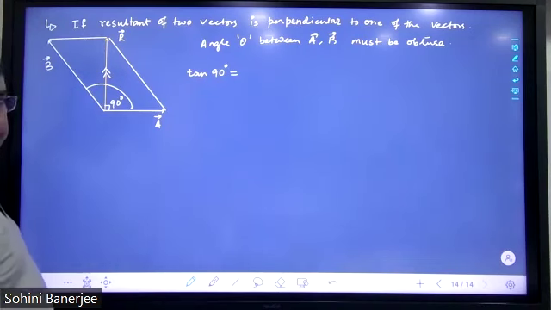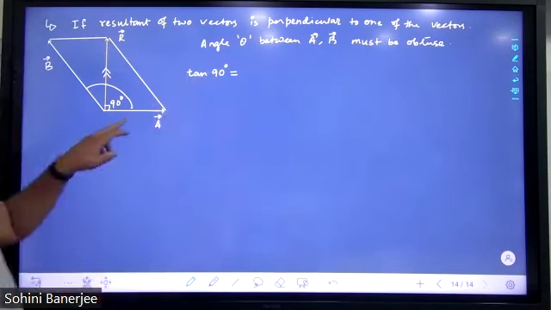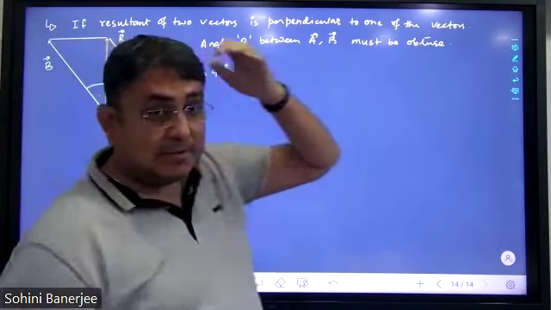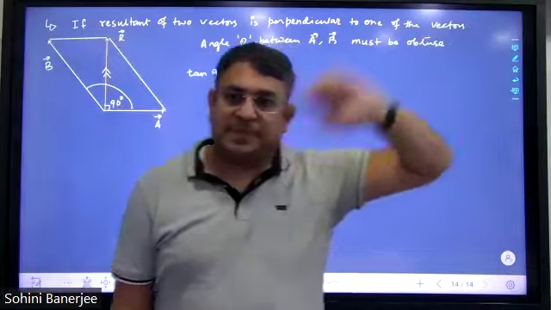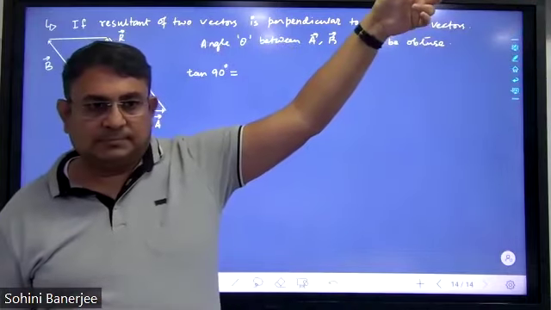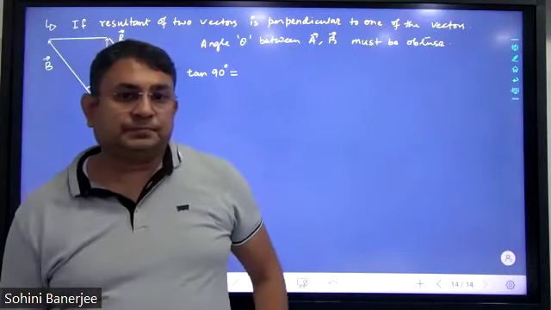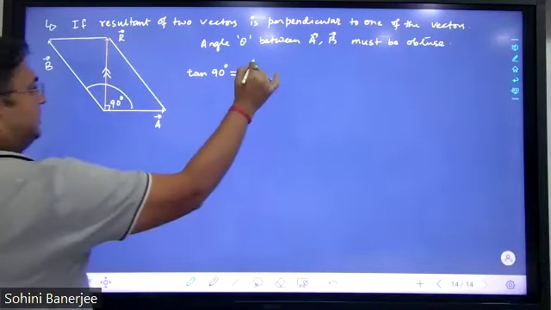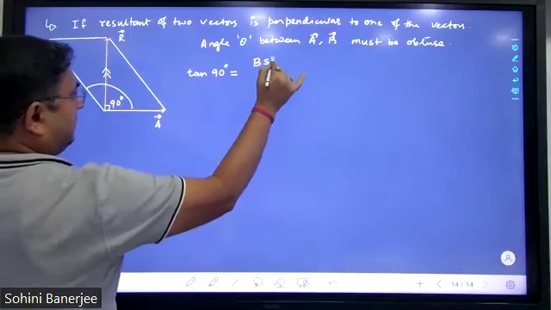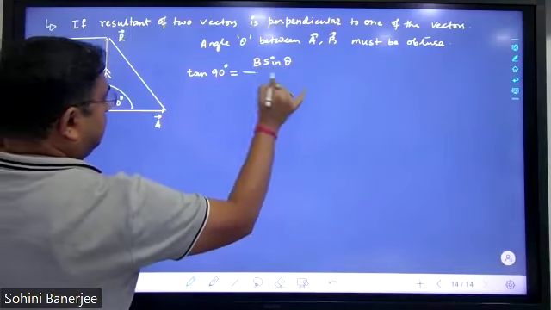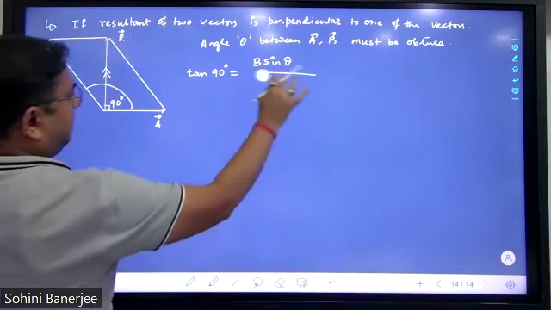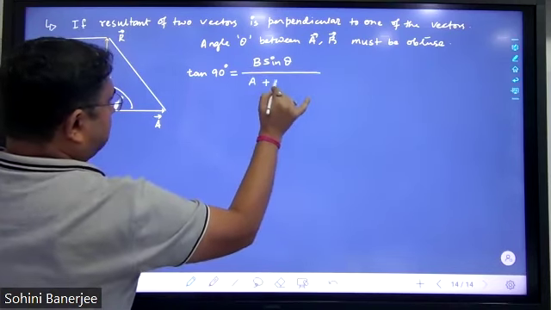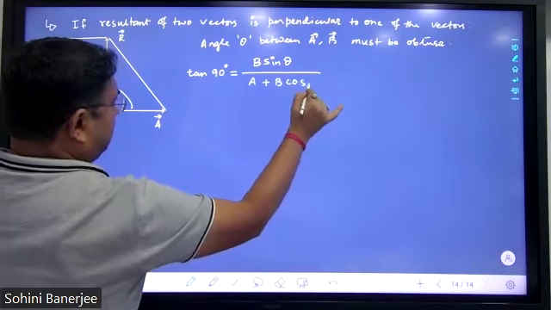Formula: 90 with A. Tan 90 equals B sin theta by A plus B cos theta. Right? Clear? So I write this as B sin theta by A plus B cos theta.